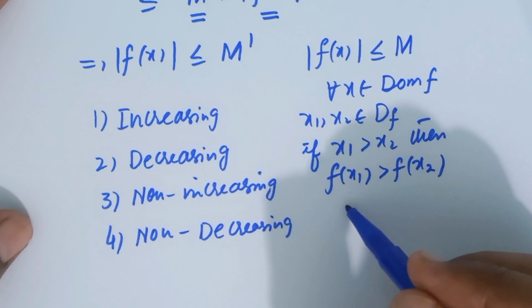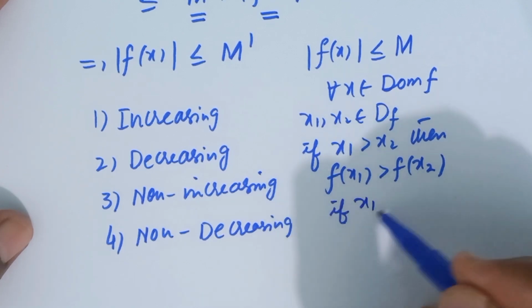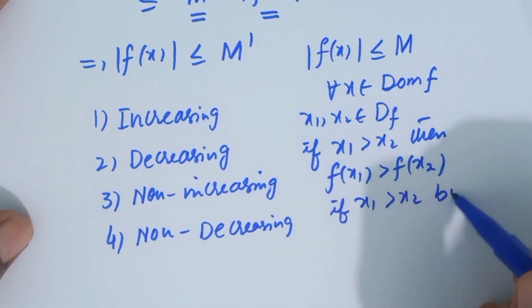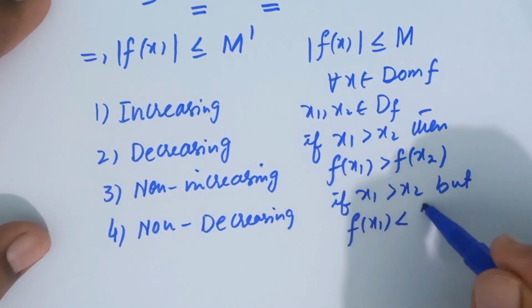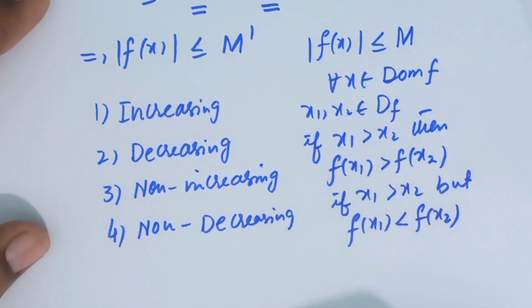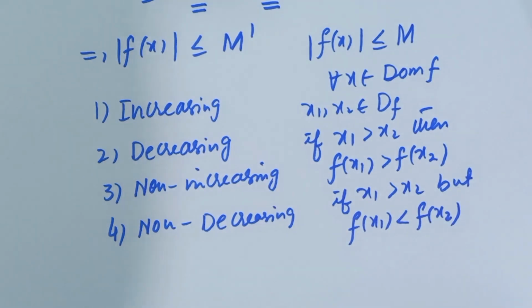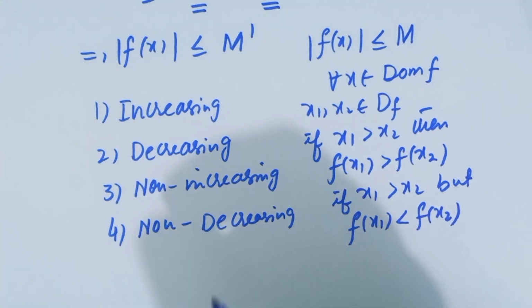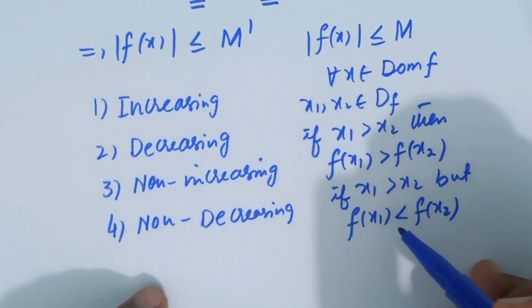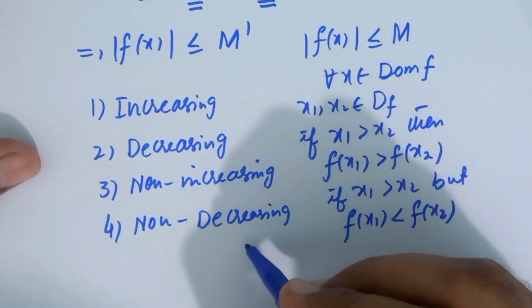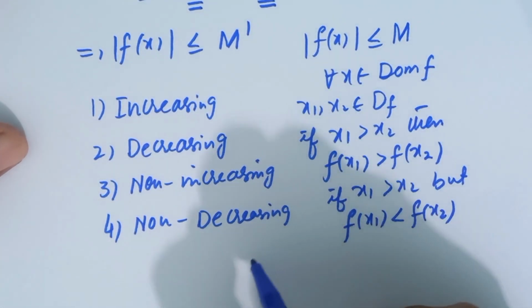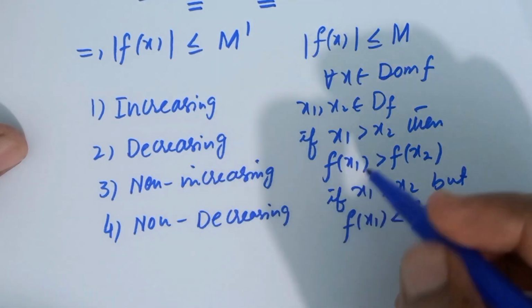Similarly, if x1 is greater than x2 but f(x1) is less than f(x2), in this case we call f a decreasing function. For non-increasing and non-decreasing, the difference is only that non-decreasing means your function f is increasing plus constant.